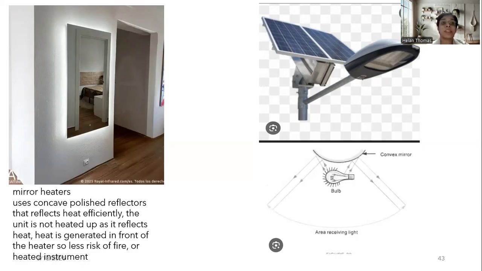So this is something many cold countries are using these days, which is actually mirror heaters. They use polished reflectors, and these should be highly polished reflectors. That is, a concave mirror with a highly polished surface, which will reflect the light.